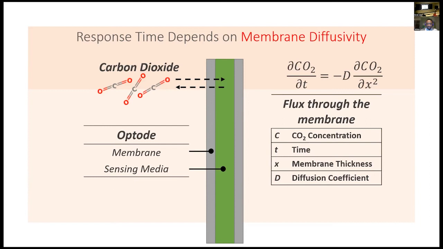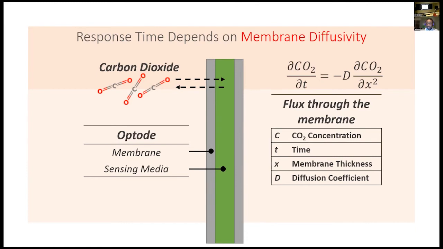So therefore, there's the thickness of the membrane. So we were interested in... I'm not doing that, by the way. I don't know why the slide's moving forward, but we were interested in either, well, we can't control the CO2 gradient, that is controlled by the fluctuation in the environment, but we can control the membrane thickness. However, we don't want the membrane to be too thin or else it'll be fragile and might puncture or break.